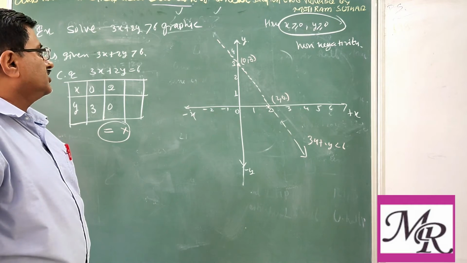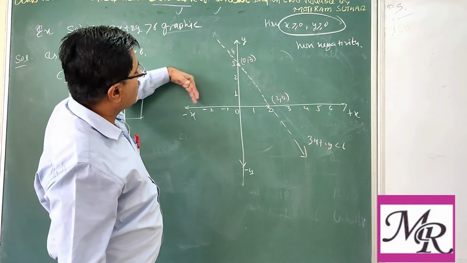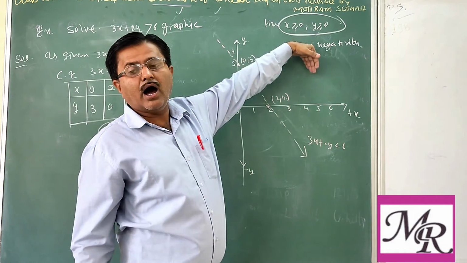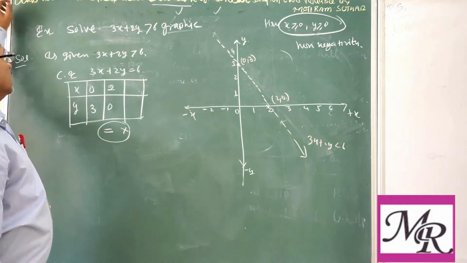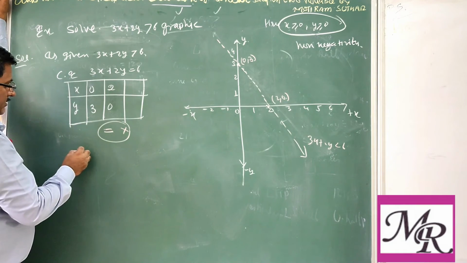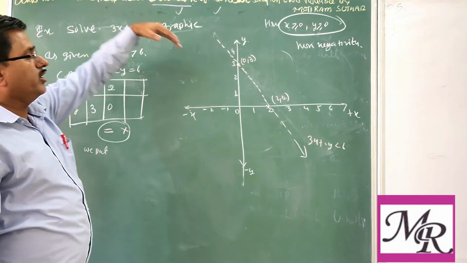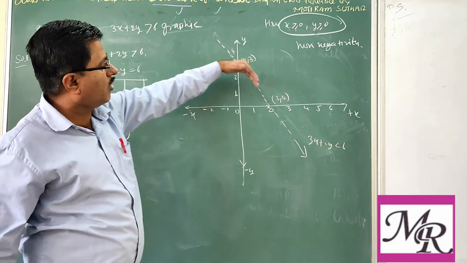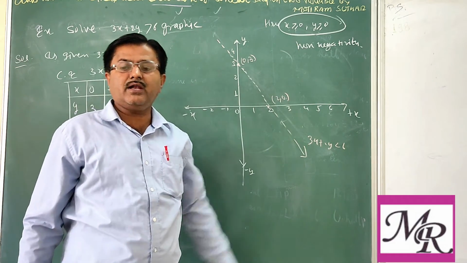Now, the possibility of the solution may be the lower half of this line or the upper half of this line, or plane you can say. So again we check. You may take a point from either side of this non-vertical line.